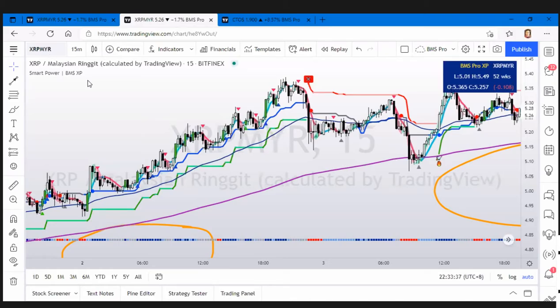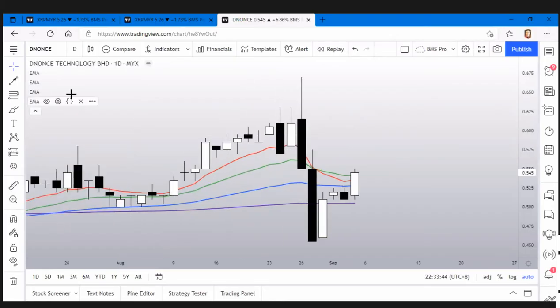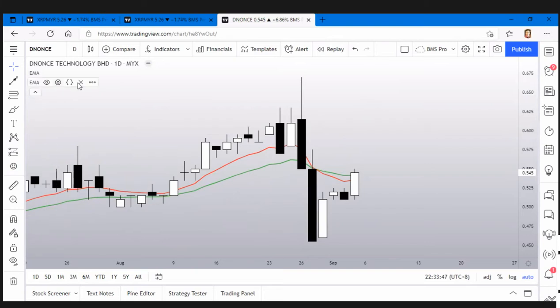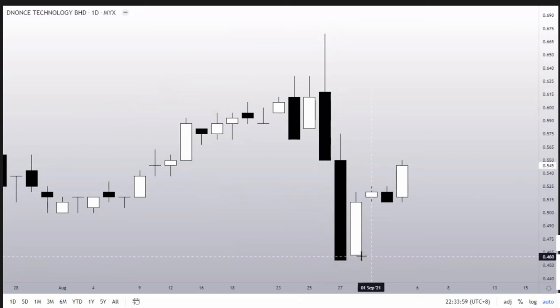If there's no problem with the shares, just like this stock, you can see two candles down, heavy selling. So the next day, the buyers step in and buy back.